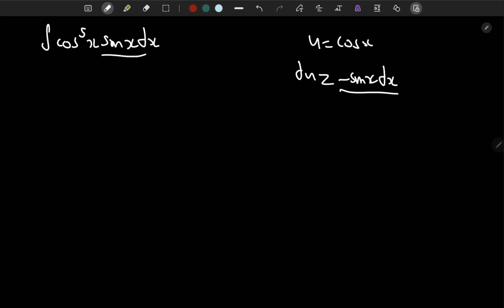So let's replace it with u now. It's going to be the integral of u to the power of 5 times du, and don't forget there is a minus sign, so I'm just going to take it out here, and we just integrate this normally.